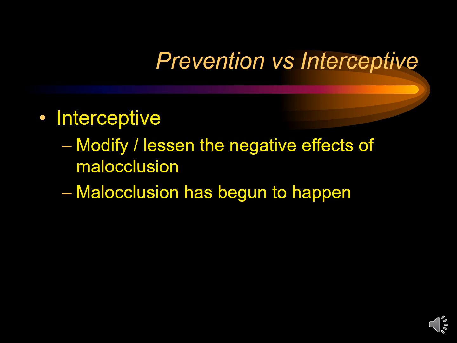Interceptive orthodontics, on the other hand, is the procedures to modify or lessen the negative effects of a malocclusion where the malocclusion has already begun to happen.